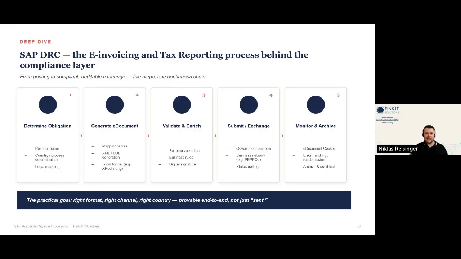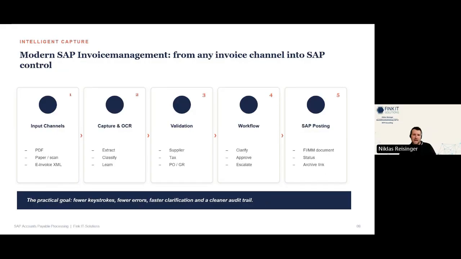So this is handling e-invoicing, but now that I have received an e-invoice, how do I continue with my SAP invoice management workflow? So we recommend the solution from OpenText, the vendor invoice management, or short VIM.